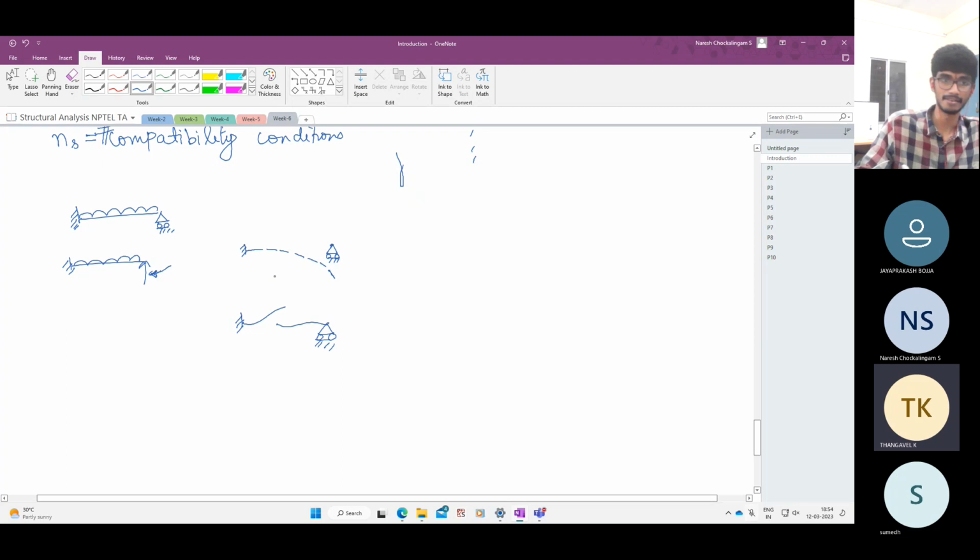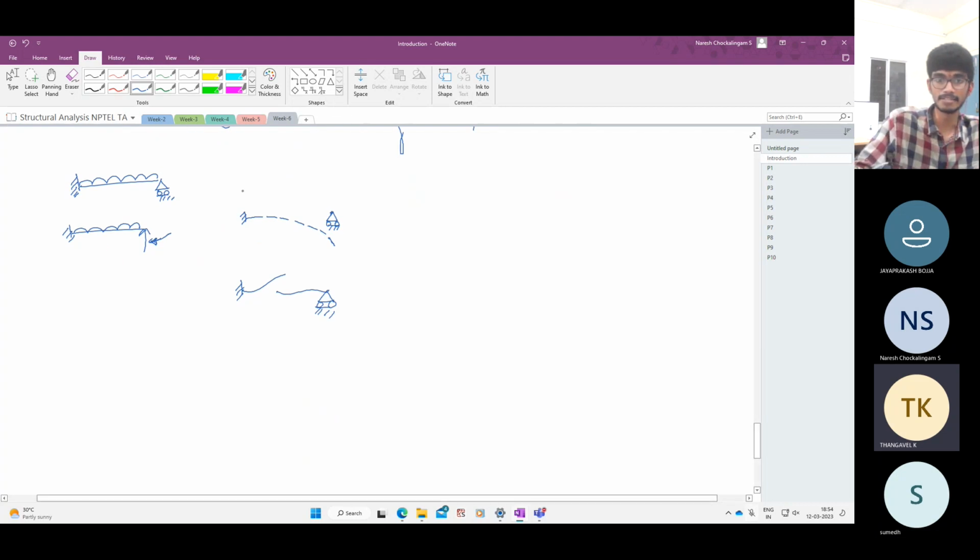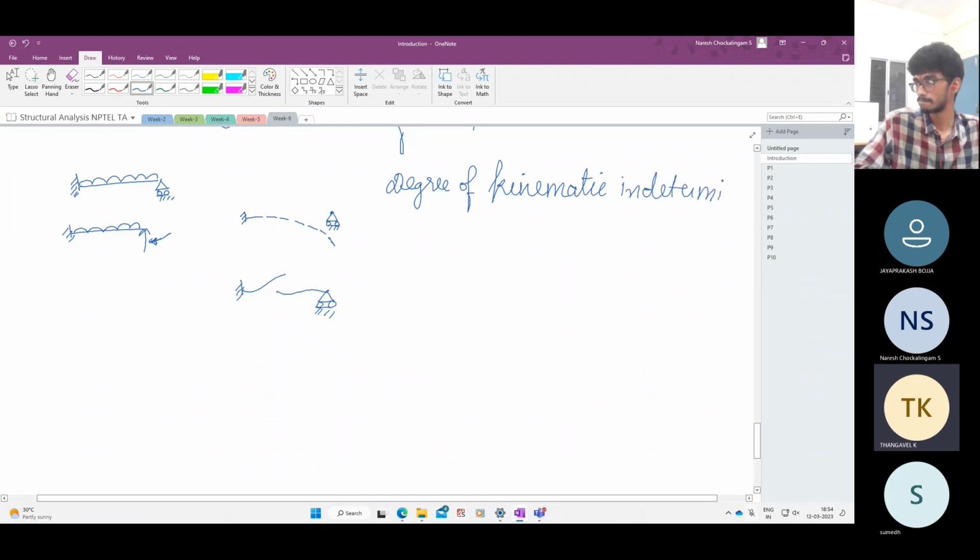Okay. So I was saying about kinematic indeterminacy. So we define degree of kinematic indeterminacy. Basically, it means unknown degrees of freedom. Now, what are degrees of freedom?